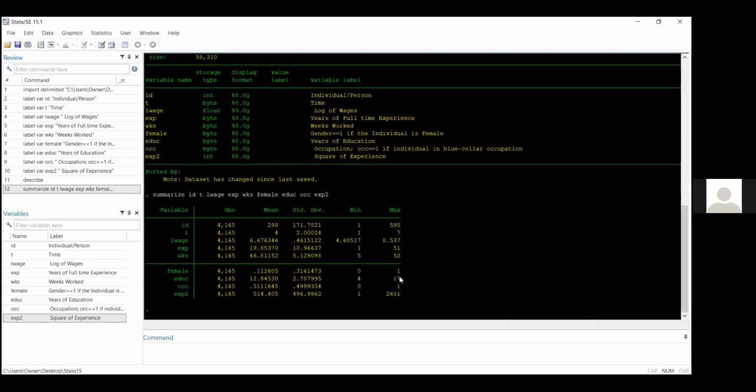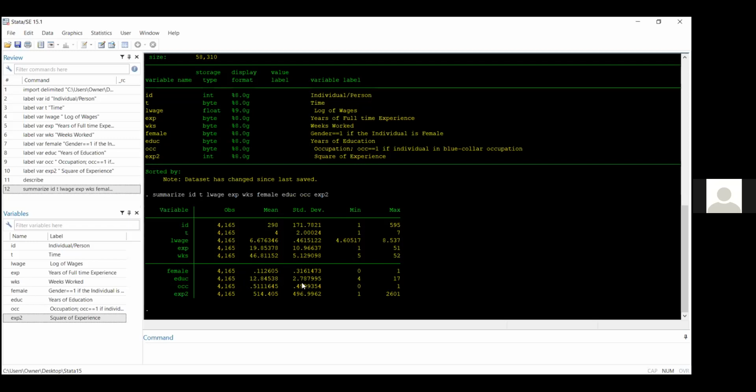Female is a dummy variable. Again, the mean and standard deviation don't make sense here, but of course we work with all these categorical variables. It is 0 if you are male, and it is 1 if you are female. So of course you don't bring this into the summary statistics. Education stood for years of education.